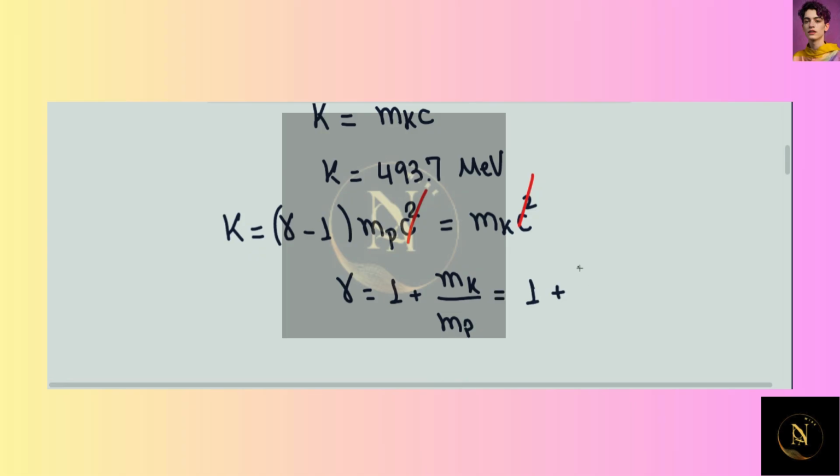This is 1 plus 493.7 divided by 938.3. So gamma is equal to 1.526.